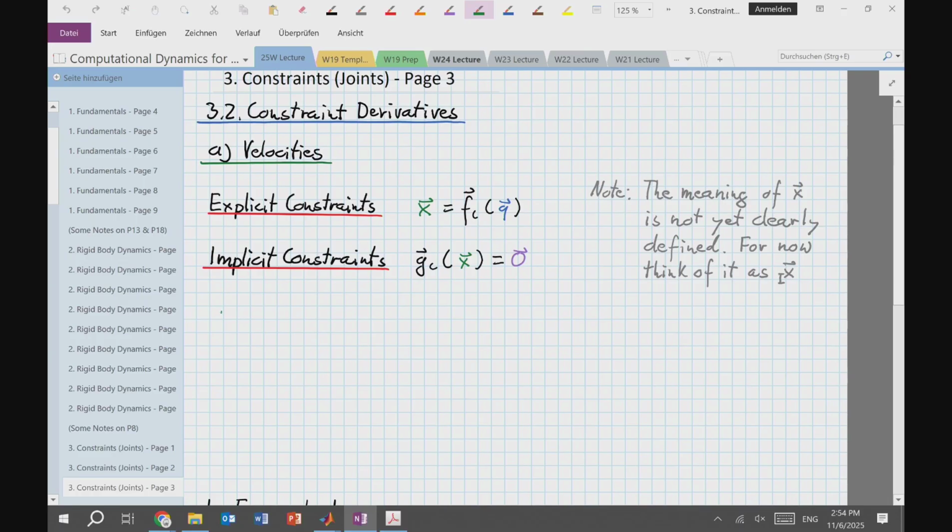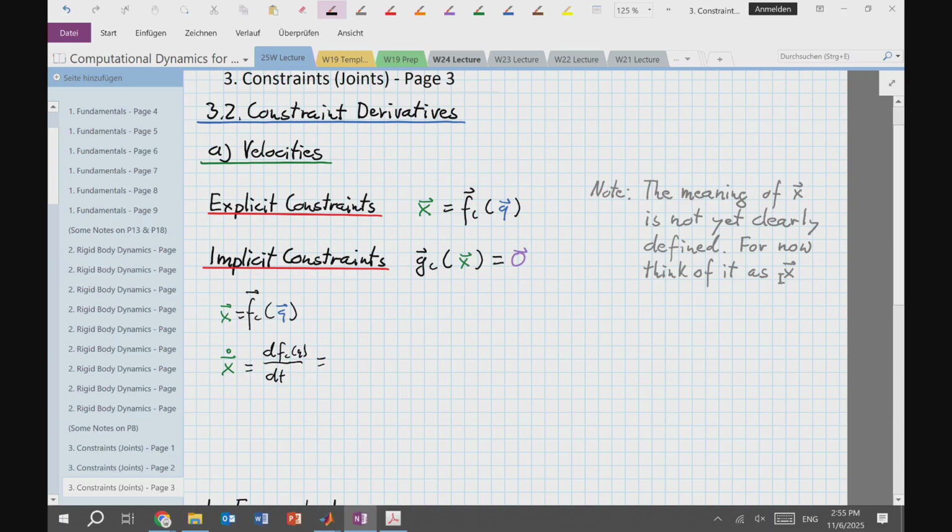If I have an explicit constraint, x equals f_c of q, and I want to know what is the velocity of this body, so what is x dot? I would have to compute the time derivative of f_c of q against time.